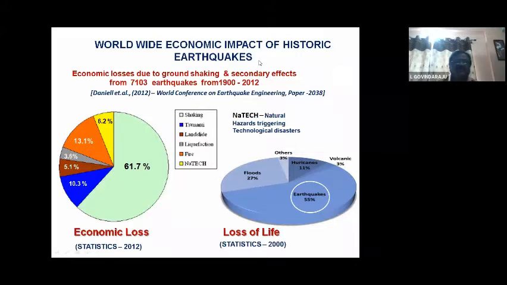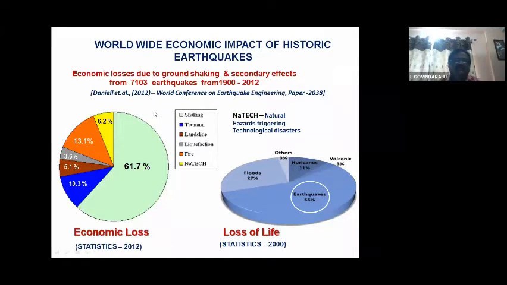I referred to the statistics data projected in 2012 at the World Conference on Earthquake Engineering, paper number 2038. You will get more information on this. Please download this paper and access it for much more information.